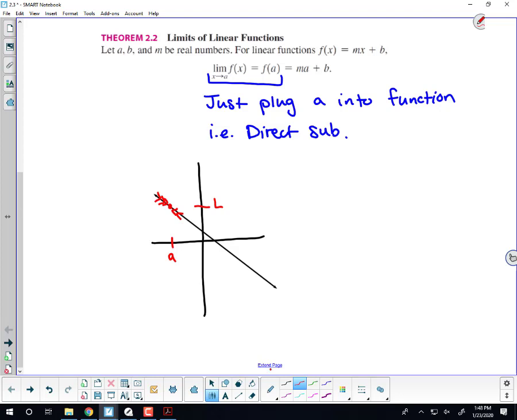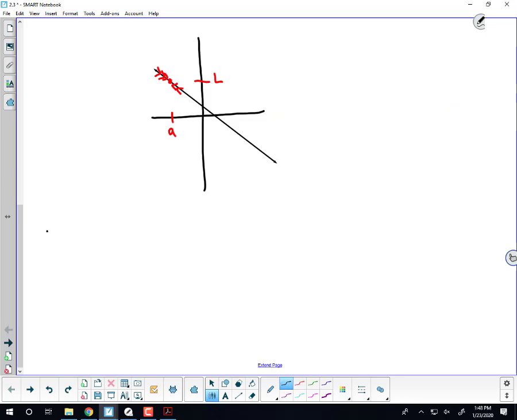For example, what's the limit as x approaches 2 of 4x minus 2? 6. Do you all agree? A lot of this limit stuff is recognizing the function.